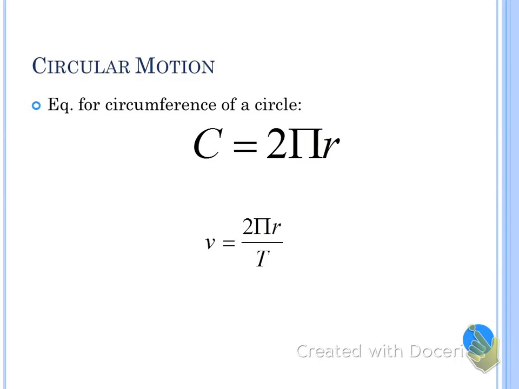When we're talking about circular motion, we want to know how far something has traveled in one revolution. We find the circumference of the circle, right? That's giving us distance, how far it's traveled in one revolution. The circumference of a circle is given with the equation c equals 2 pi r.